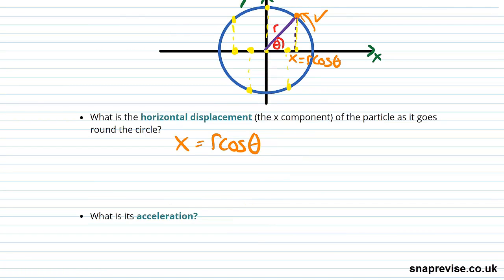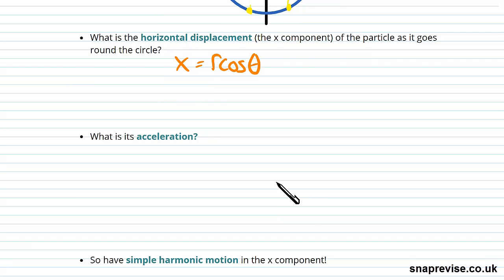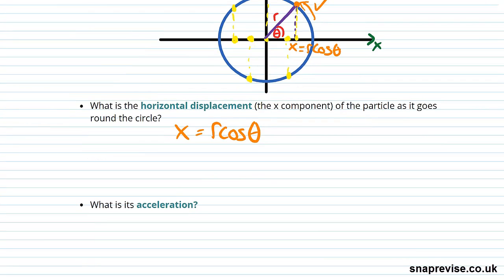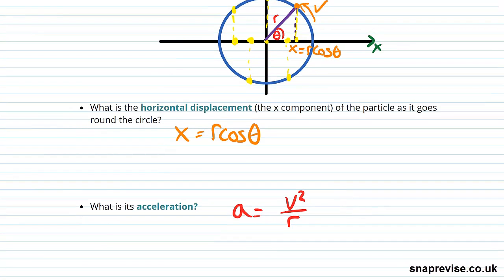Then what is the acceleration? Well, we know that the acceleration towards the centre of the circle is given by a equals v squared over r. And we're going to use omega squared r, where omega is our angular speed.